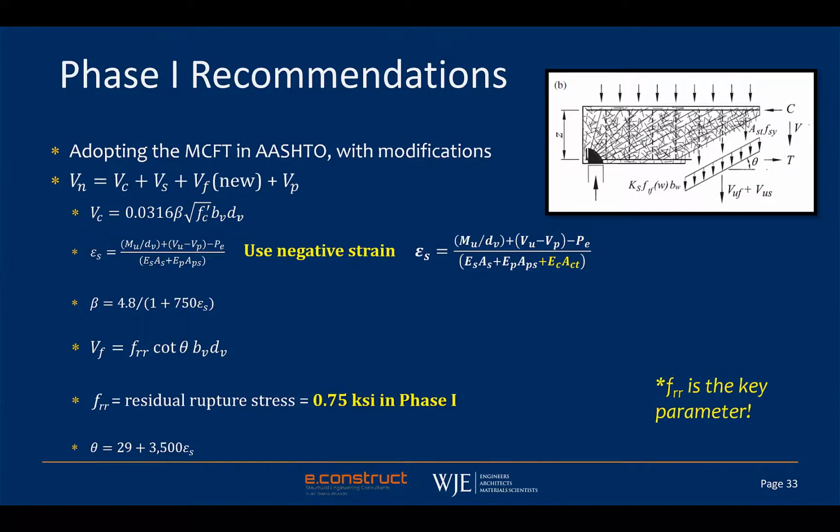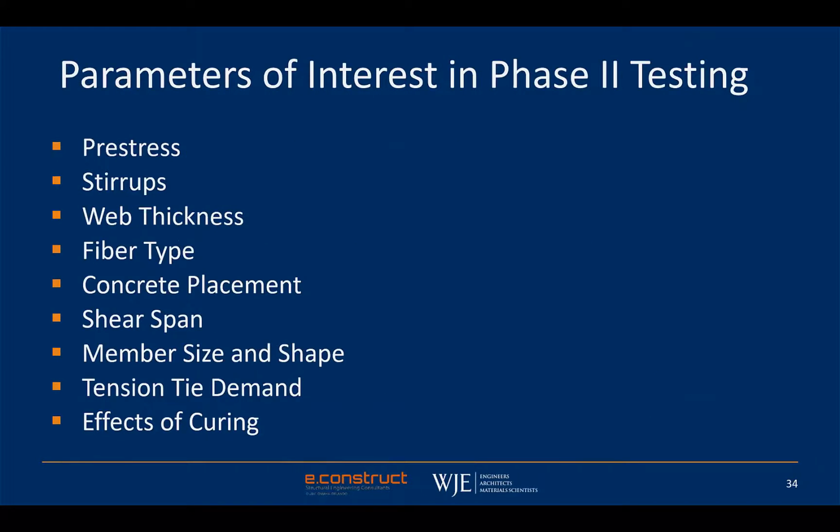In phase 2, we may decide to stick with that or raise it a little bit to remove the extra conservatism. So we went ahead in phase 2 and decided to test what we issued as a preliminary design guide.